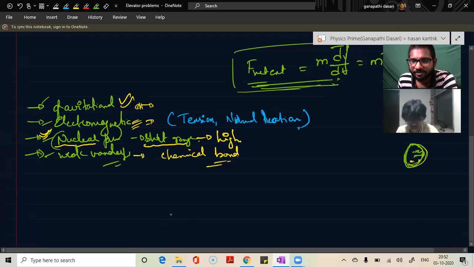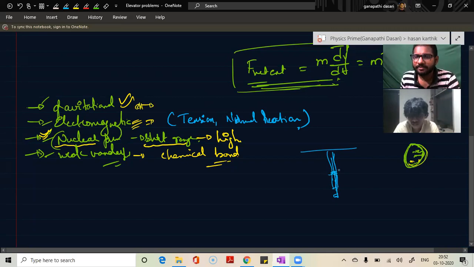Actually, when you tie a string, each string is taut. When you're trying to separate the string, the internal electromagnetic forces, molecular interaction forces between the molecules of the string will hold the string together. That is why the tension force is an electromagnetic force.